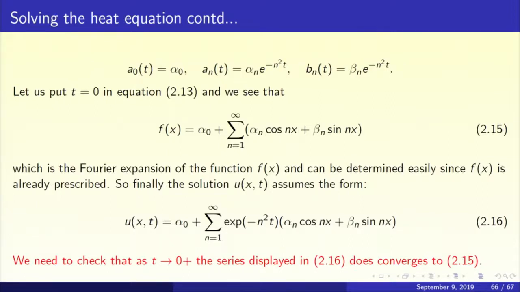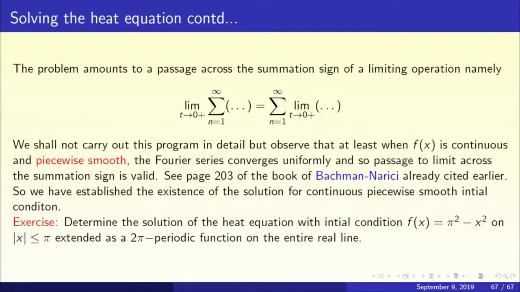That is not altogether obvious, but if the function f of x is piecewise smooth and continuous, then the Fourier series converges uniformly. That's a theorem for which I have given you a reference to Bachman and Narici's book, page 203. So once you have uniform convergence, you can exchange the limit and summation, and you can take the limit as t tends to 0 inside the summation and you get the result.